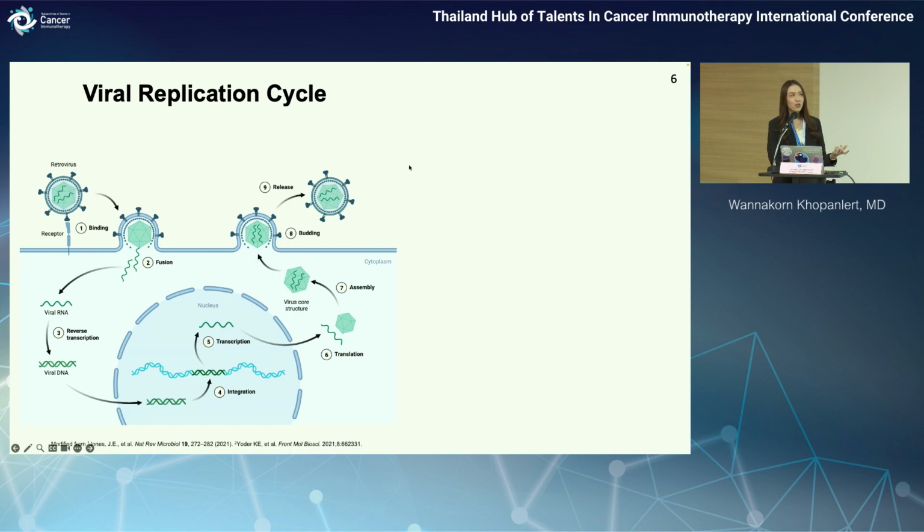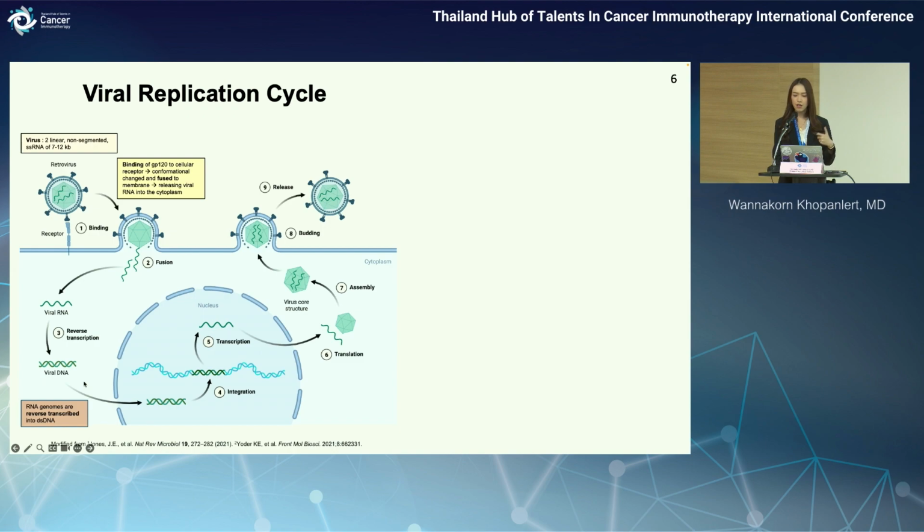First of all, I'd like to introduce you to the viral replication cycle. You can see this is a retrovirus. The RNA virus binds to the cellular receptors, fuses to the membrane, and releases the RNA into the cytoplasm. The RNA genome is then reverse transcribed into double-strand DNA, integrated into the host genome, transcribed, translated, and then the assembled particles are budded and released from the cells.